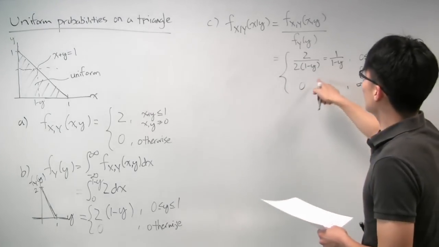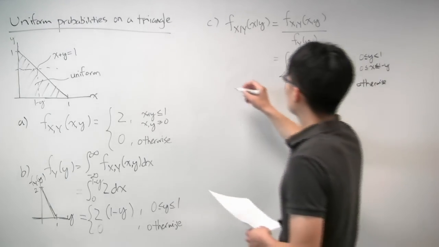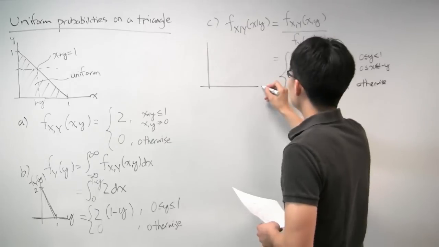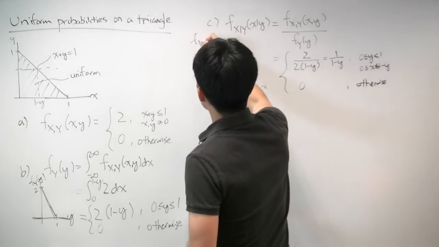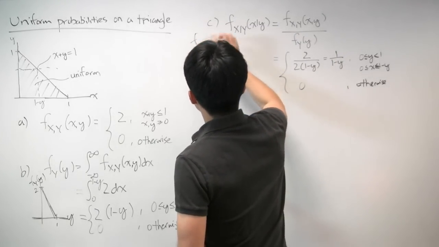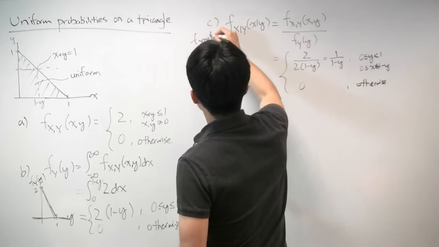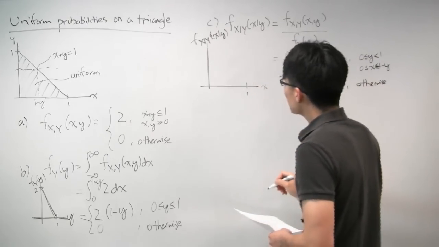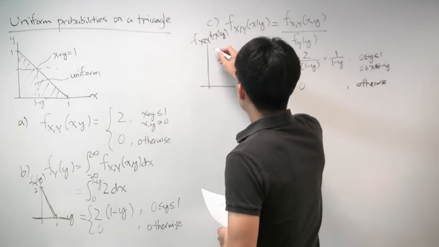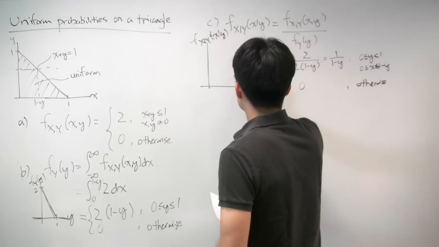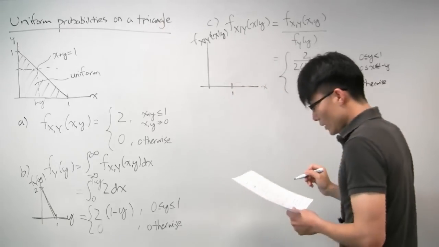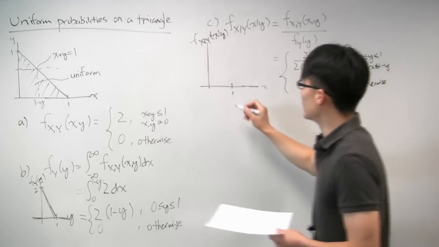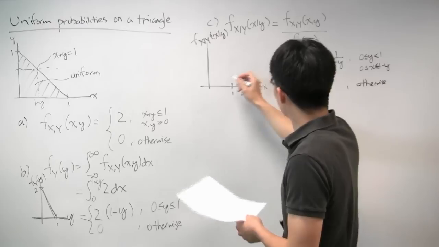All right, so let's see what this actually looks like. So this is x, and this is the conditional PDF of x given y. Now let's say this is 1 right here. Then what it's saying is, let's say we're given that y is some little y, somewhere here.